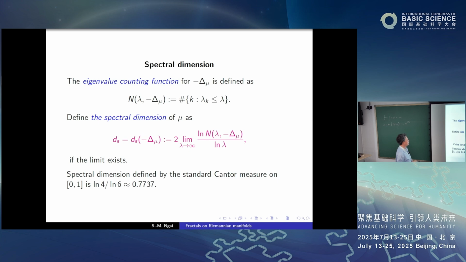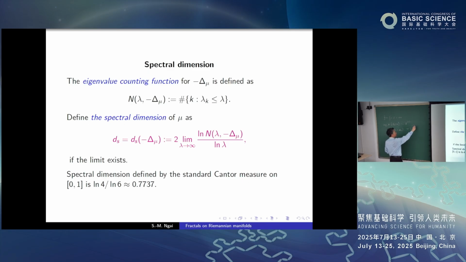So this tells us how N(lambda) grows, lambda to the power how much. And in the Weyl law, it's n over 2.